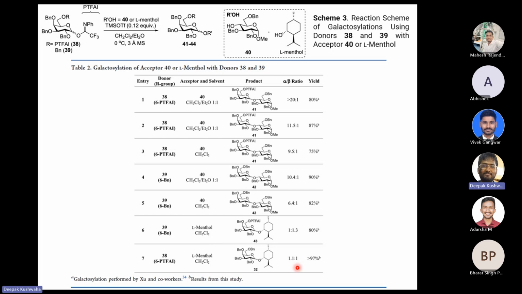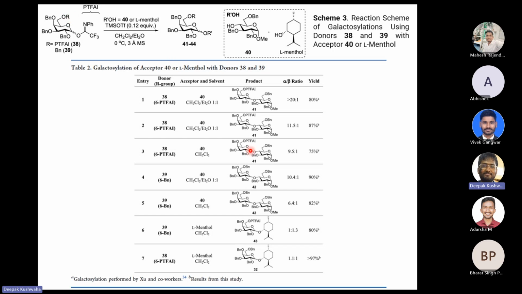So they claimed that whatever yield they are getting in these cases could be probably because of this acceptor, or there could be some role of solvent. But majorly, they have proposed that the selectivity they are getting is because of this acceptor. There is no role of the donor or this remote protecting group.